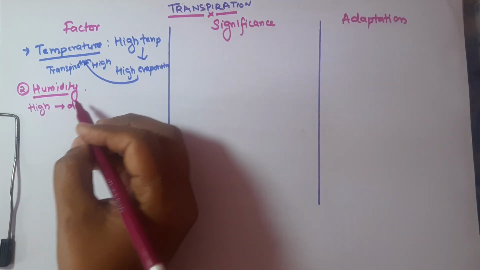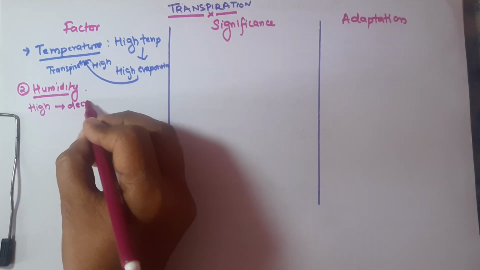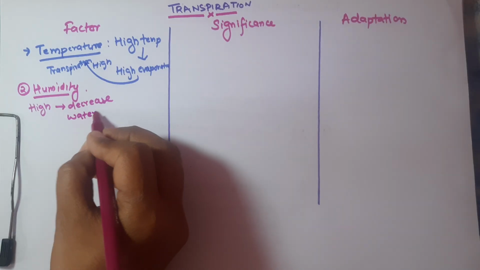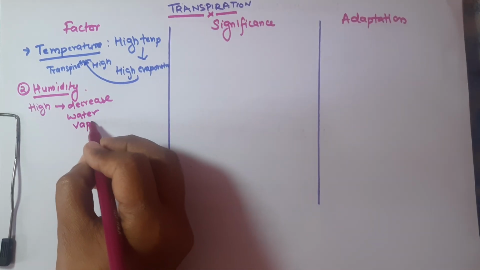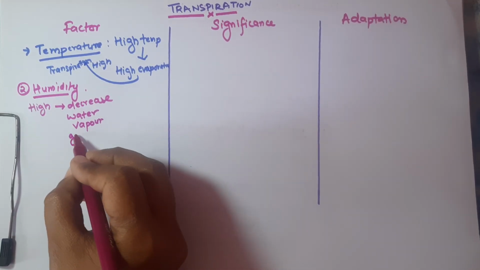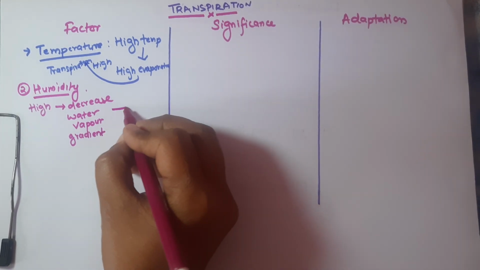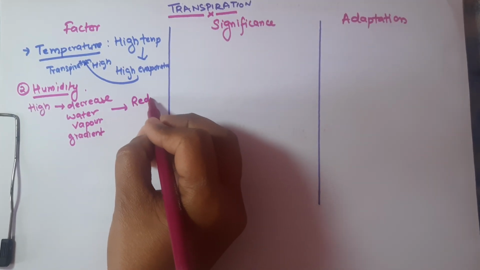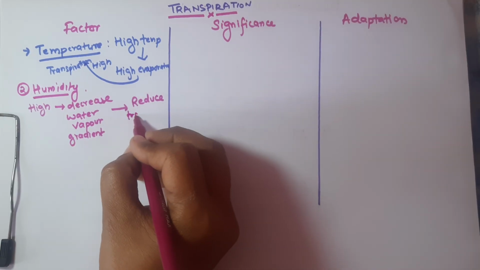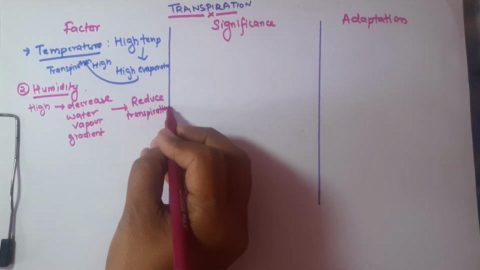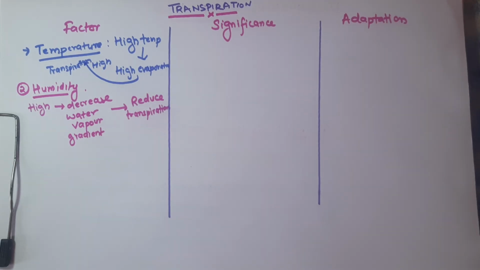There will be a decreased water vapor gradient, so this will reduce transpiration. So a high humidity condition will reduce the transpiration due to the decreased water vapor gradient.